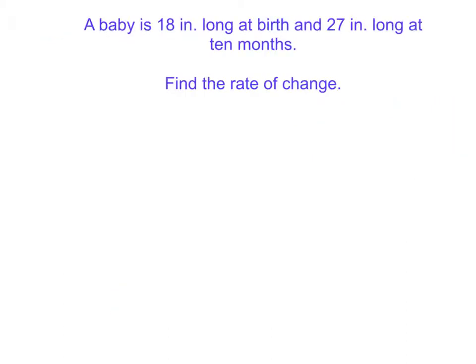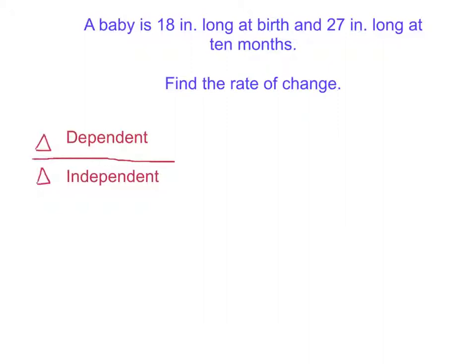In our second example, we have a scenario in a sentence here. A baby is 18 inches long at birth and 27 inches long at 10 months. Find the rate of change. So in this scenario, I want to think about dependent and independent variables. So remember, we want to find the change in the dependent variable and divide it by the change in the independent variable.